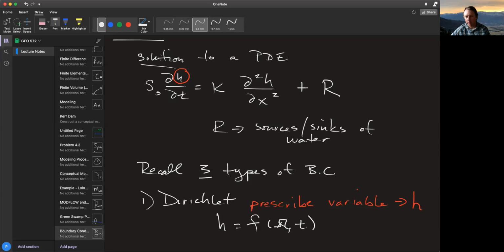Actually, it's a function of the boundary and time. Okay, so that's Dirichlet. We specify H, the variable.